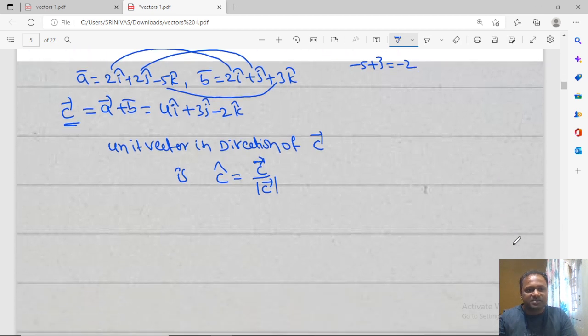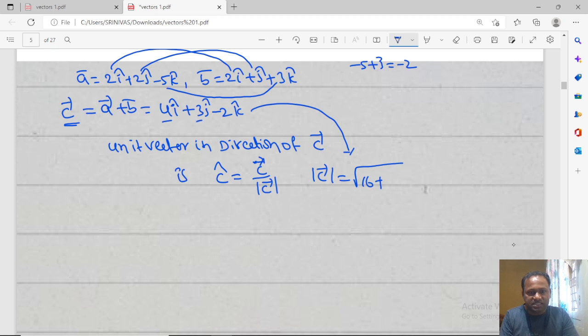Substitute here. First of all, what is mod C bar? Under root of 4 square, 16, plus 3 square, 9, plus 2 square, 4. Here minus is there, but minus square is plus. What we get?